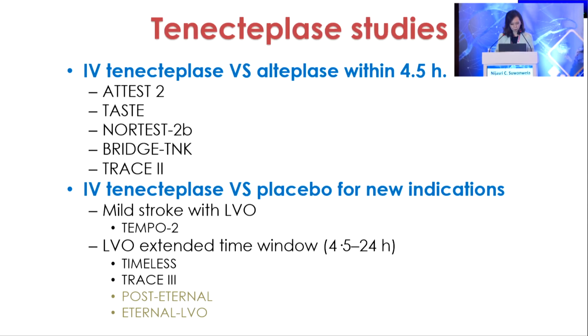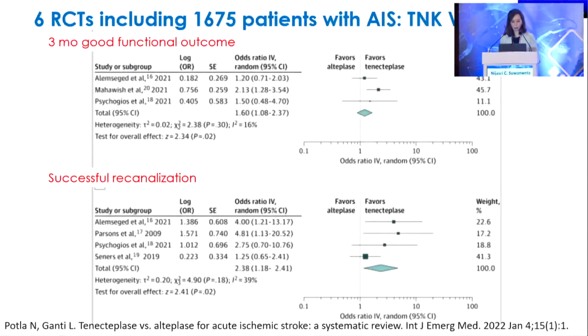For example, mild stroke with LVO, since tenecteplase has been shown to be a little more effective than tPA in patients with large vessel occlusion, especially the ones who will be going on for thrombectomy. So there are attempts to try this on mild stroke with LVO, and LVO with extended time window beyond 4.5 hours. So this is more than just the regular alteplase that we are using.